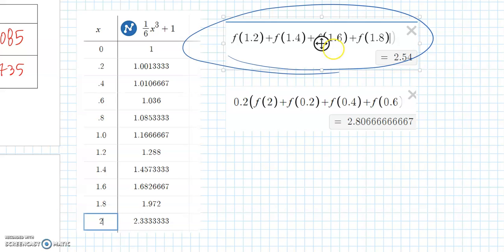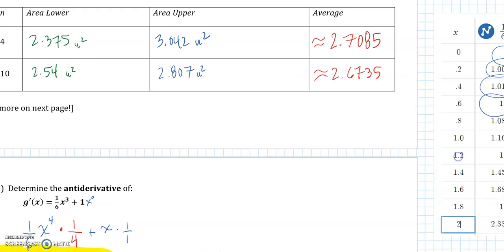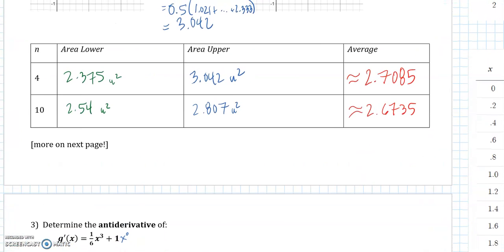And then I did it again for the upper. So I took these 10 bases times the height, summed them up, and I ended up with two different values, about 2.54 and about 2.807 for the upper area. Average them, and I get about 2.6735.